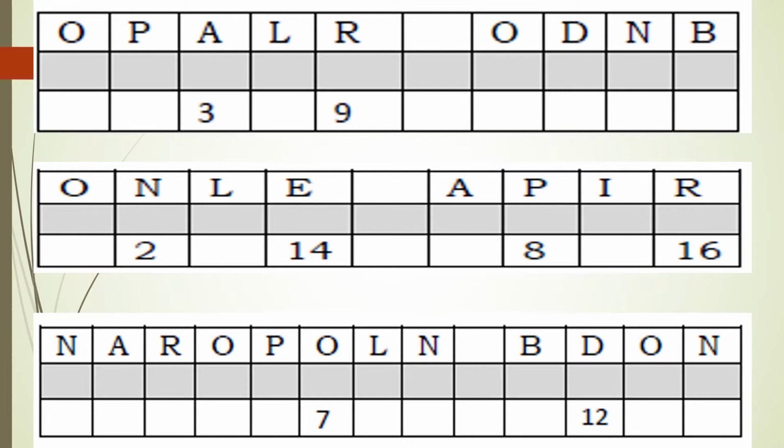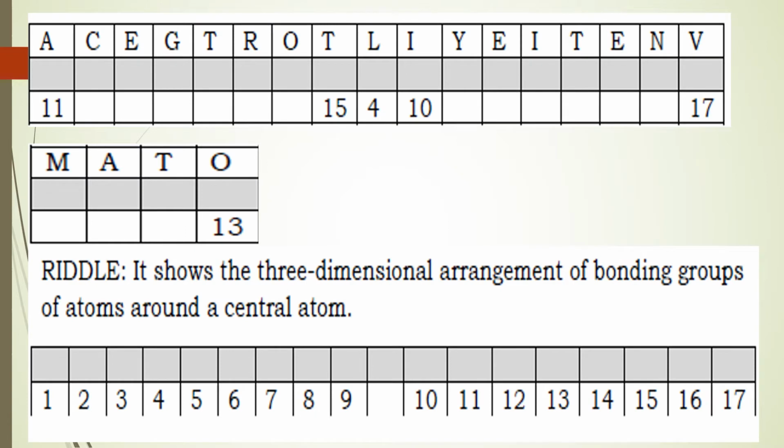Nonpolar bond. Nonpolar bond. And for this one, how many letters are there? What do you think it is? Okay, that is electronegativity. Electronegativity. For these 4 letters, this is easy, right? It is an atom. So this is an atom.